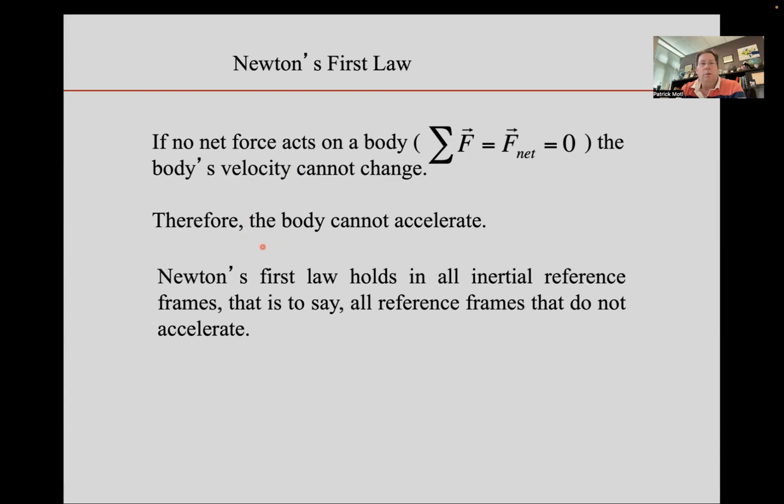There is a little bit of special language, like the asterisk at the end, regarding the frame of reference that you're using to make these observations and statements about physics. Newton's first law is valid in an inertial frame of reference.